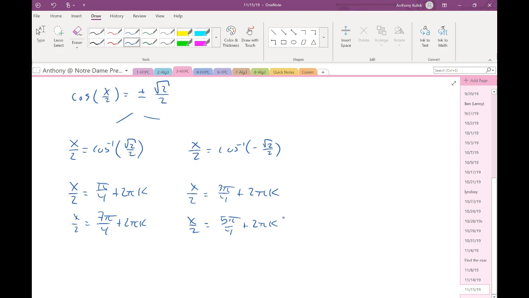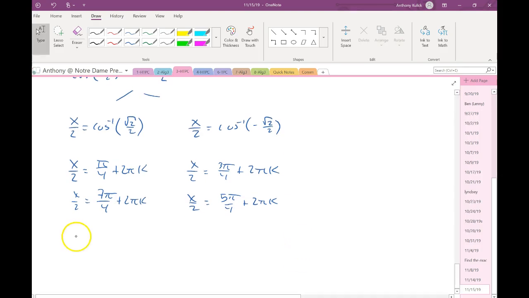Okay, and then when I solve for x, I have to multiply both sides of these equations by 2.